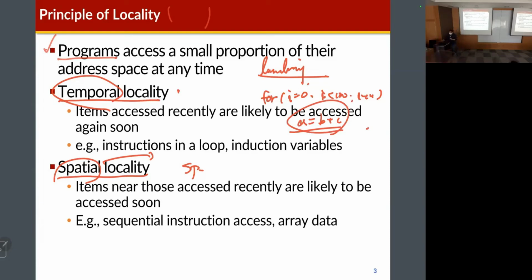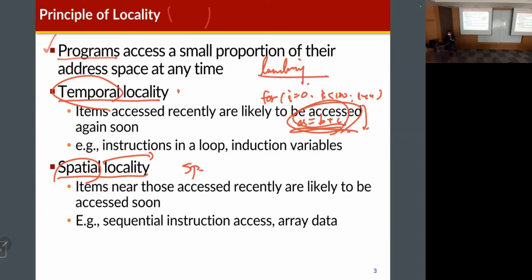In order to execute the same statement repeatedly, instructions in this iterative loop are repeatedly fetched from the instruction memory, right? Because the same instruction is repeatedly executed in a processor.